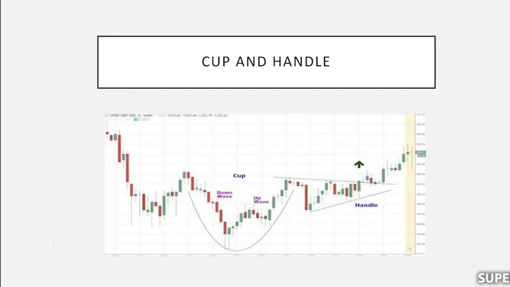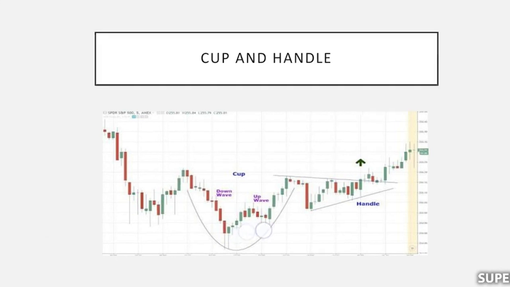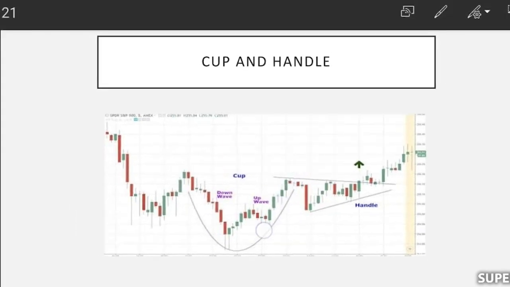Okay. And in this chart, we are in a downtrend and here the price falls, followed by a stabilizing period and followed by a rally of approximately equal size to the prior decline.